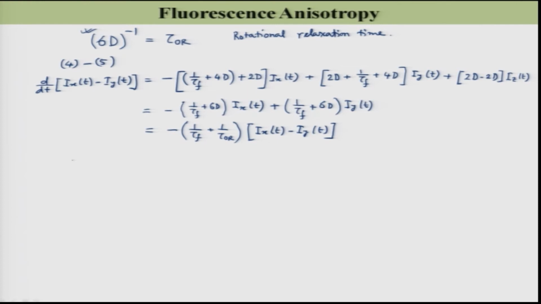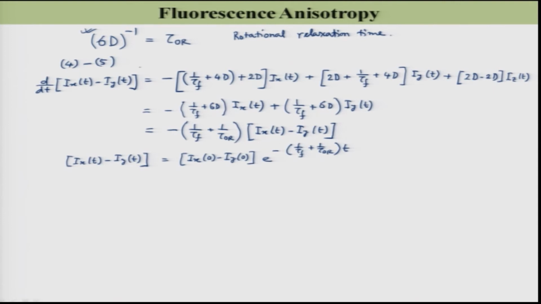So, if I integrate, the result will be I_x(t) minus I_y(t) equal to I_x(0) minus I_y(0), the initial intensity, into e to the power minus (1 over tau_f plus 1 over tau_r) t. So, for this 4 and 5 I got this type of equation.